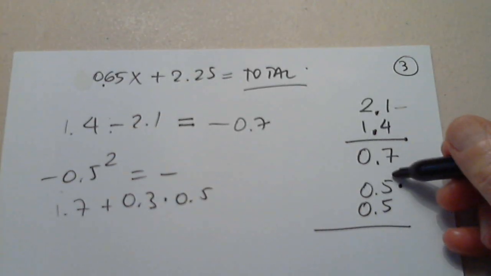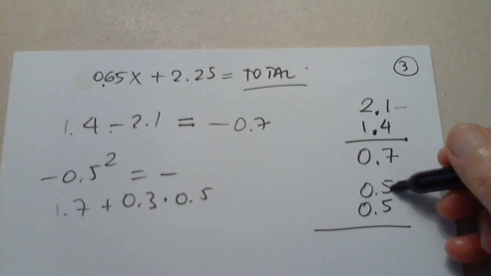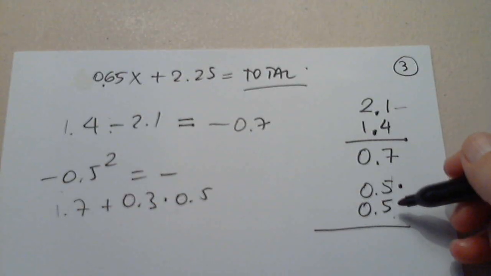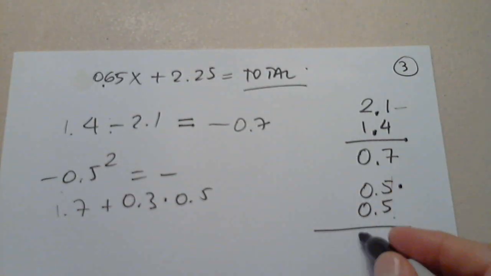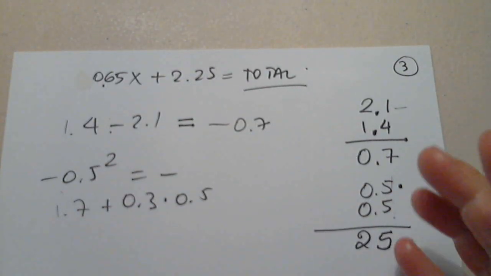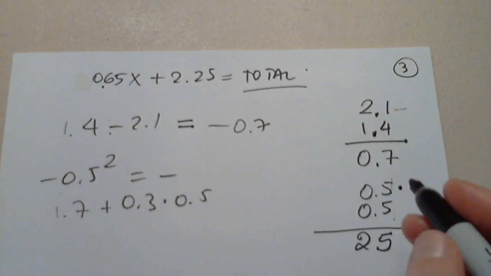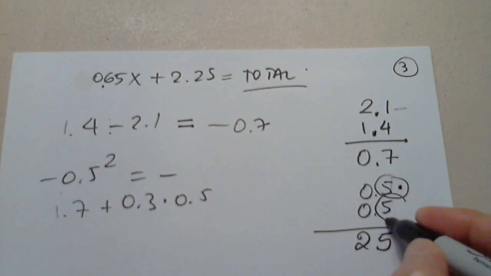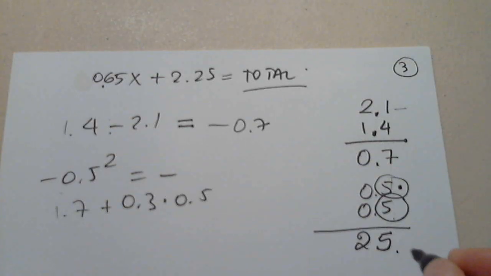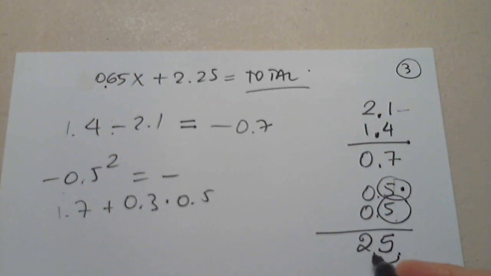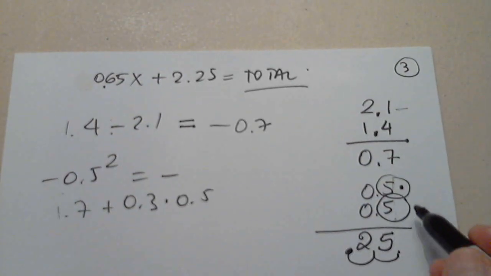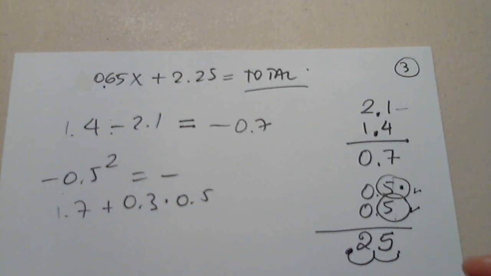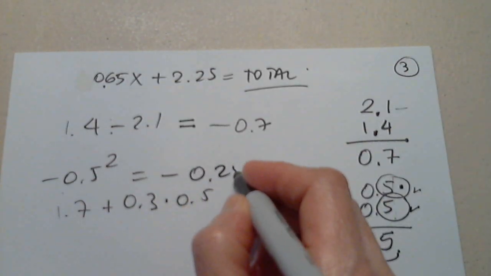For multiplication, they just have to end up correctly one under the other. 5 times 5 is 25. Now I have to count the number of decimal digits. 2. I have to move the decimal point 2 spots because I have 2 decimal digits. So the answer is 0.25.